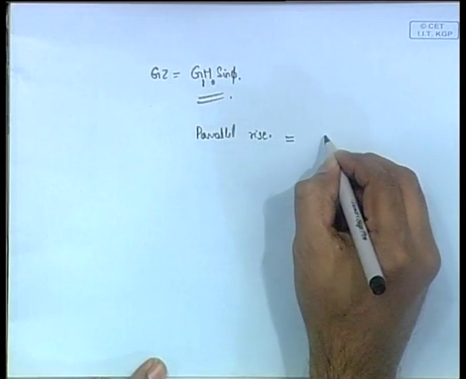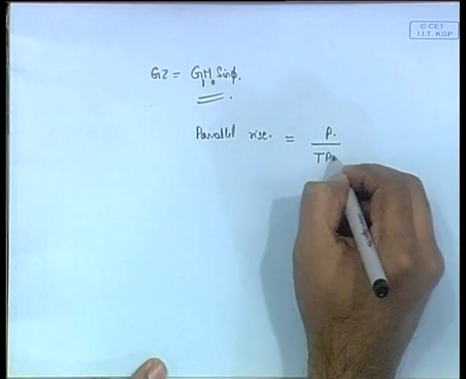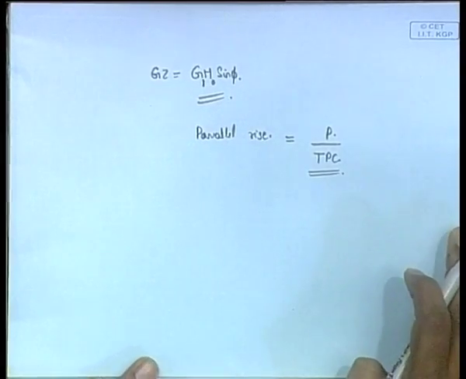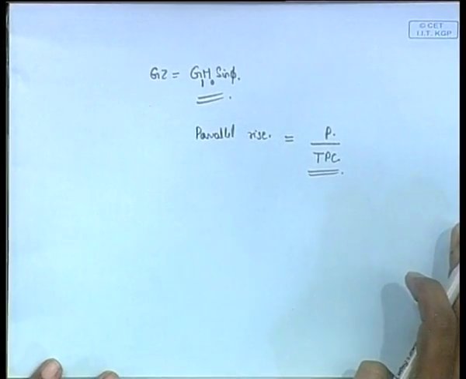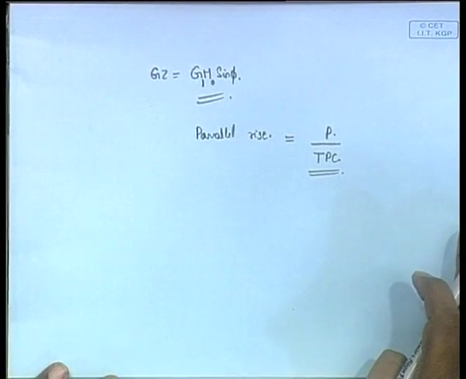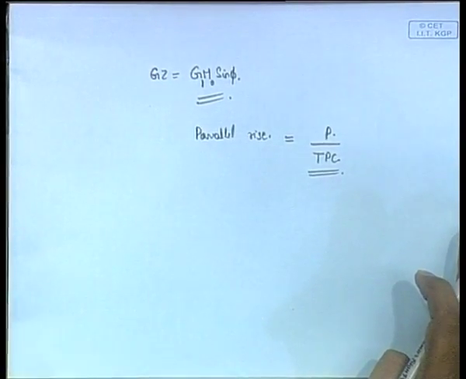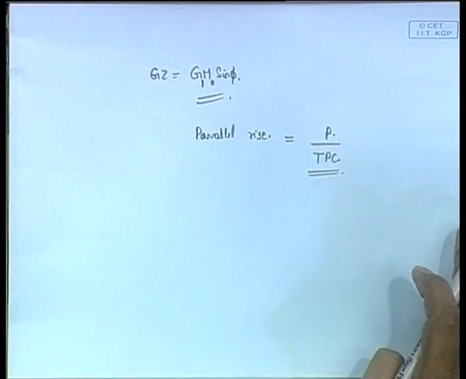P is the force acting and TPC is given. So parallel rise or sinkage will be given by P by TPC. This will give you your bodily rise or sinkage, that is all.